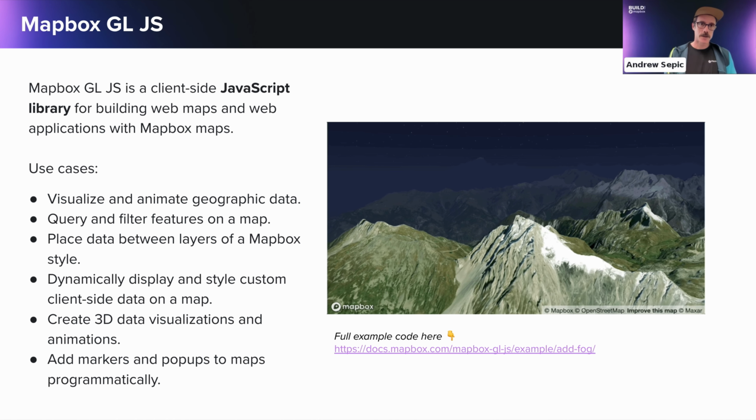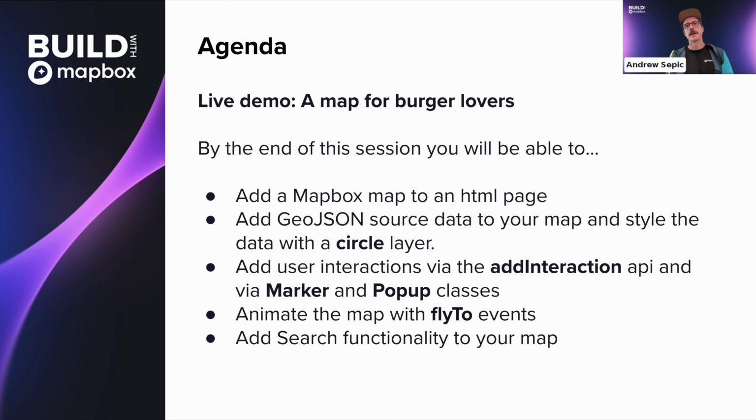All right, so what we're going to do today is a live demo of a map for burger lovers. If you haven't had lunch yet, you might be hungry by the time this session's done. We're going to cover how to add a Mapbox map to an HTML page. We're going to add GeoJSON source data to our map, and then style it with a simple circle layer.